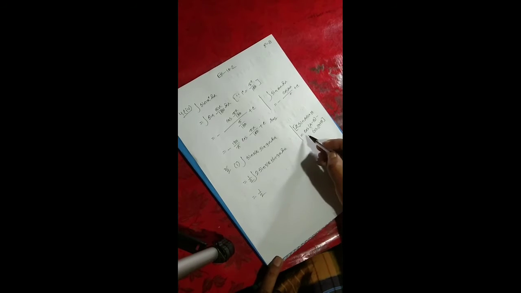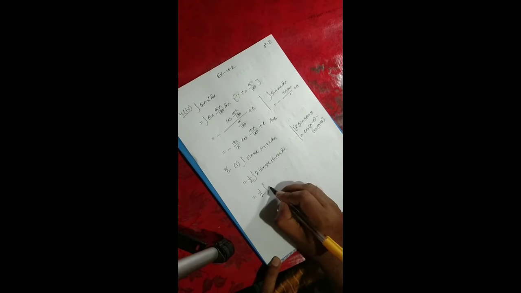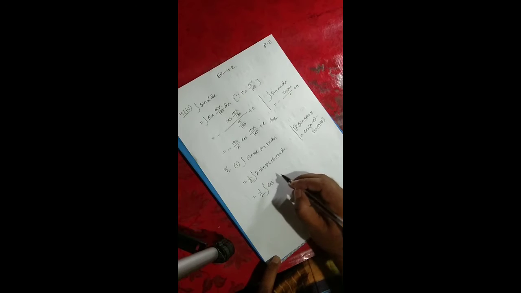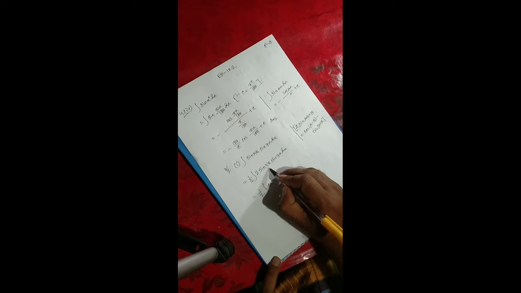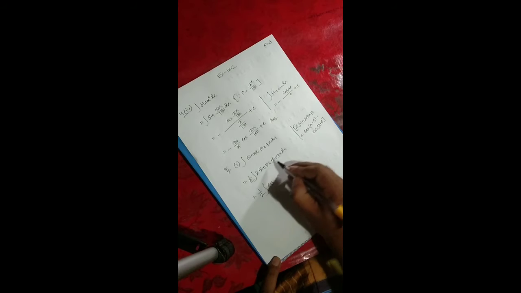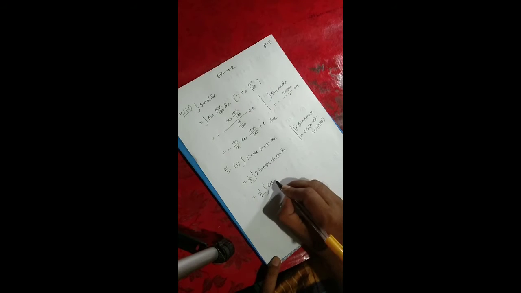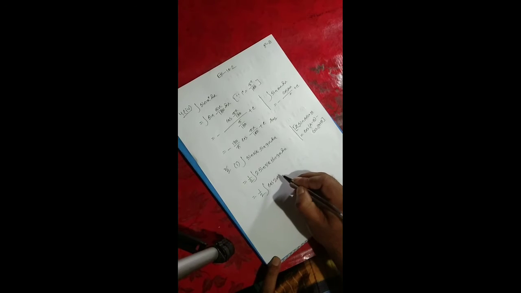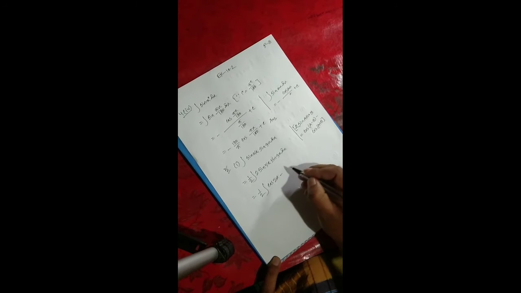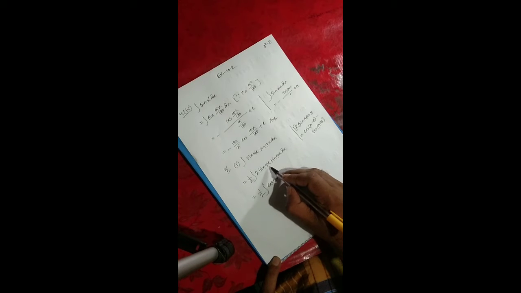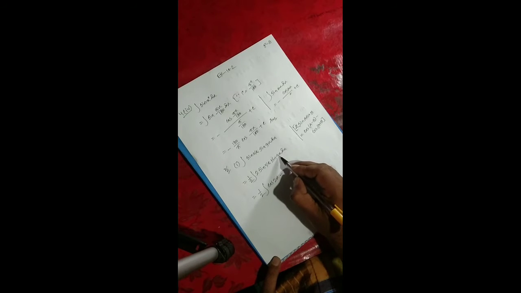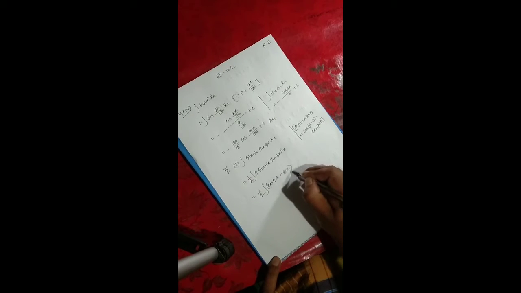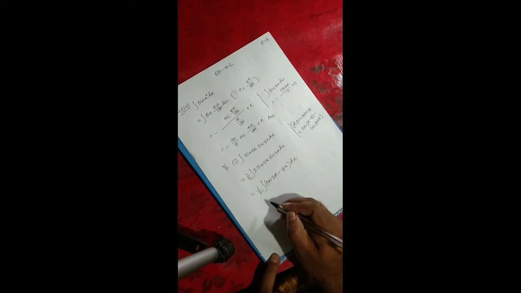We put the formula. Therefore cos of a minus b. Here a is 5x and b is 3x. Now 5x minus 3x is 2x, minus cos a plus b, 5x plus 3x, 8x whole dx.